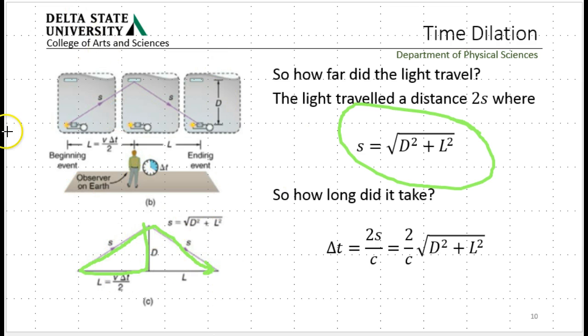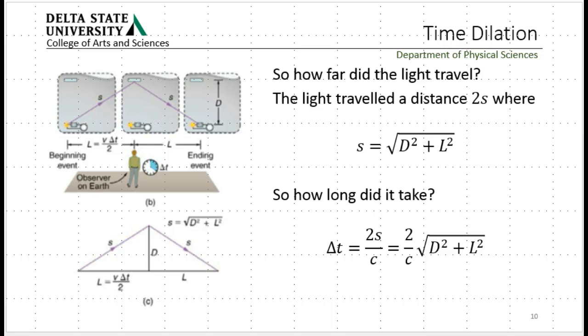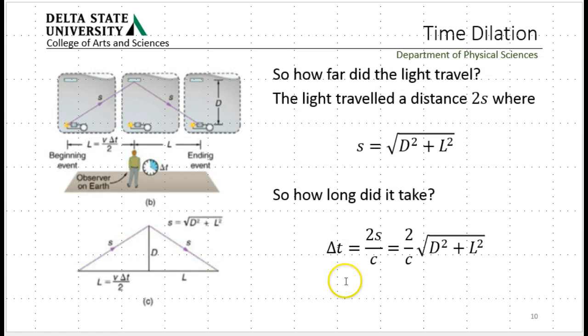So the amount of time you see the light take, delta t, is 2S over c, which is 2 over c times the square root of d squared plus L squared. That's not the same as what we got for what the astronaut sees, which is 2 over c times d. So you see something different.